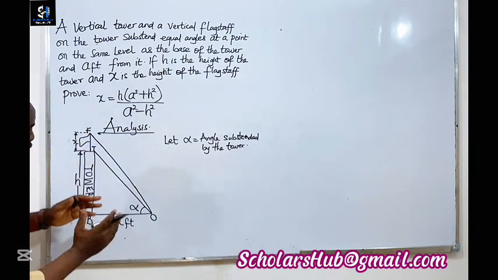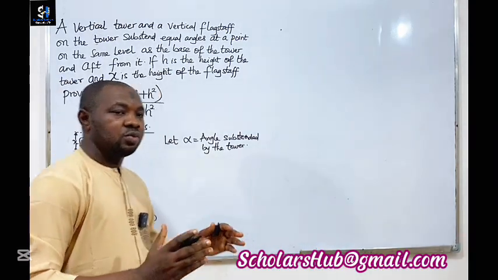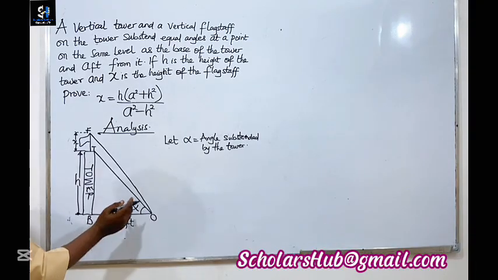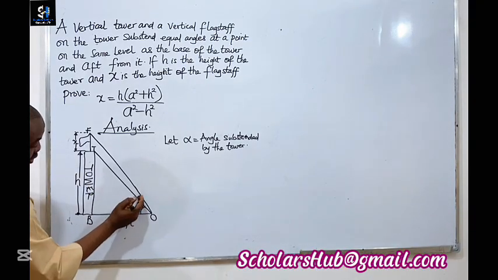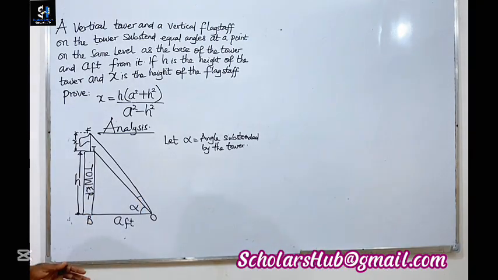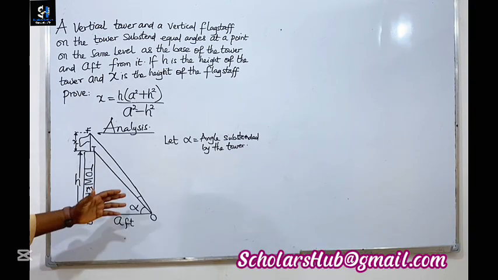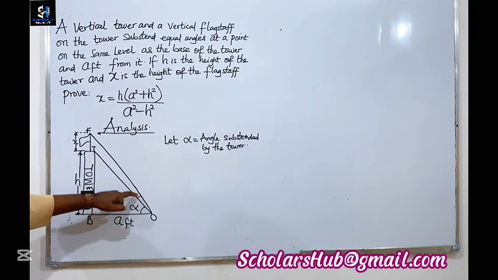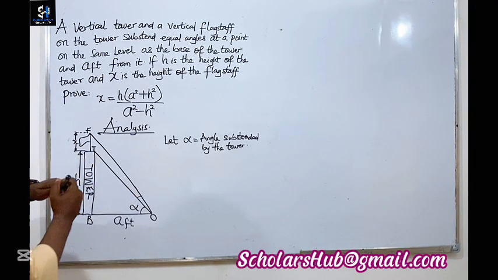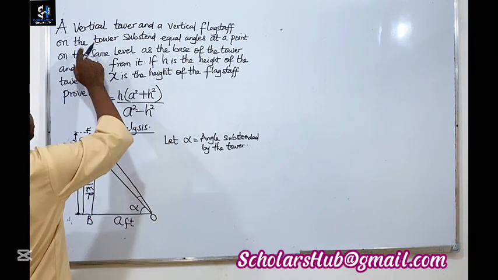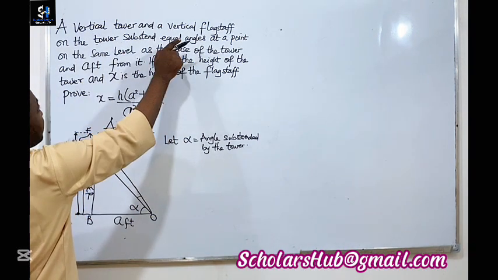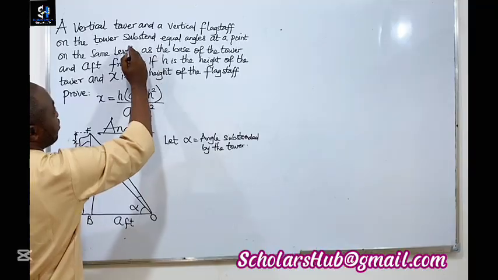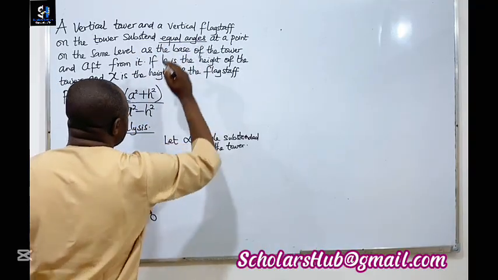we don't have a clue as to what will be the size of this angle. We don't know what the size of this angle will be, but of course we can actually find out. But let's not forget that in the question it is stated that the vertical tower and the flagstaff subtend equal angles.